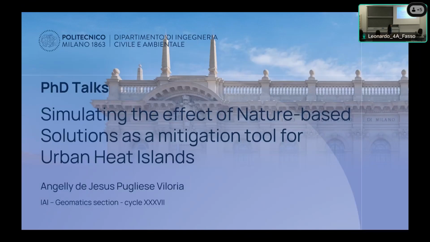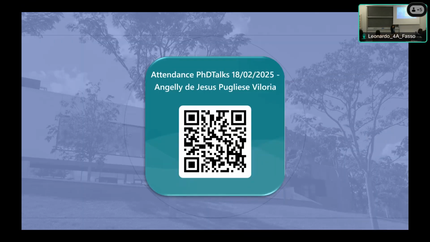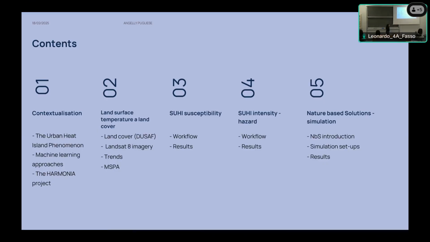I want to present to you the simulation of the effect of nature-based solutions as a mitigation tool for urban heat islands specifically. The overview of the presentation is going to go through the contextualization.